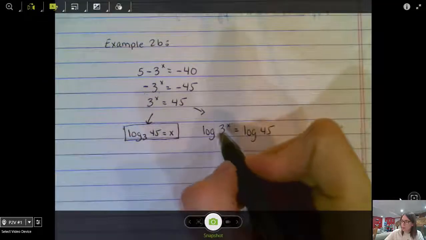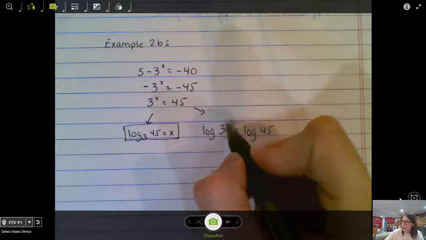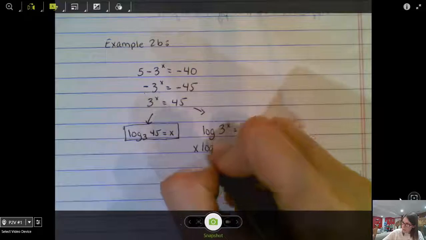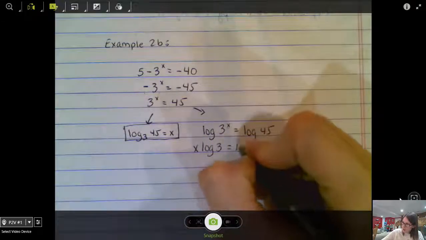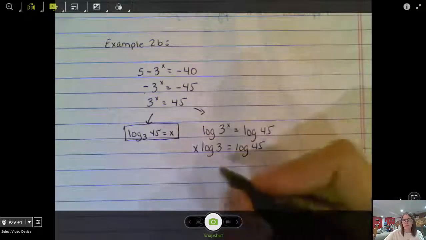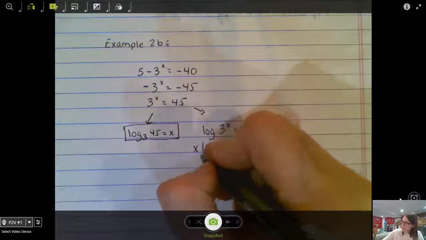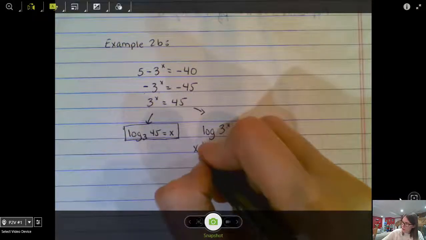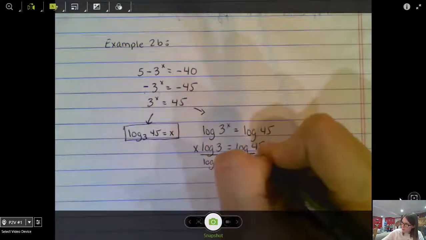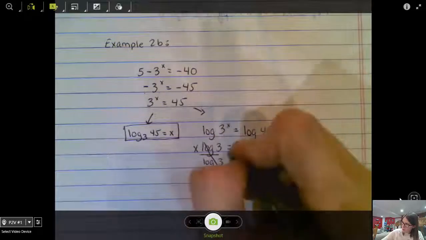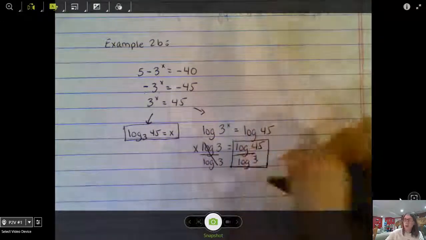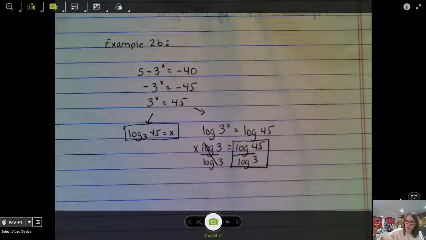Then we use our log property to pull this x out front. x log of 3 equals the log of 45. To get x by itself, let's divide both sides by the log of 3. So x equals the log of 45 over the log of 3.